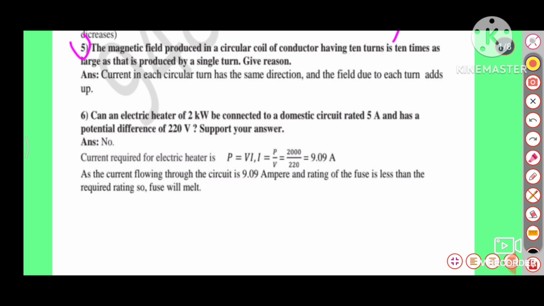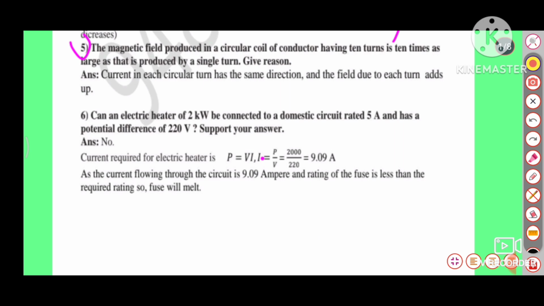Next, can an electric heater of 2 kilowatt be connected to a domestic circuit rated 5 ampere and has a potential difference of 220 volt? Support your answer. Answer is no. Current required for the electric heater: P = V × I, so I = P/V.